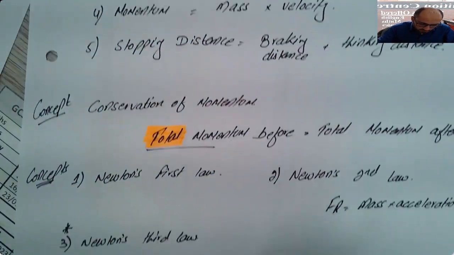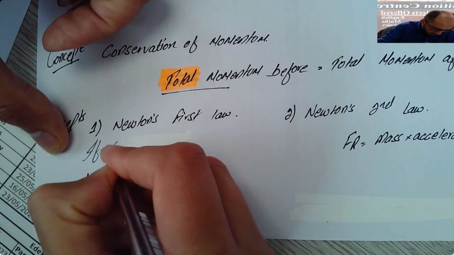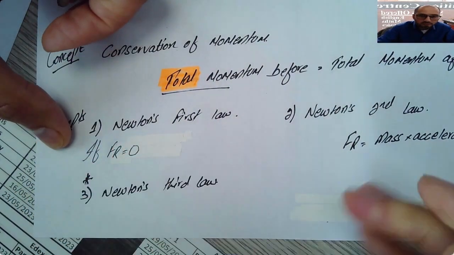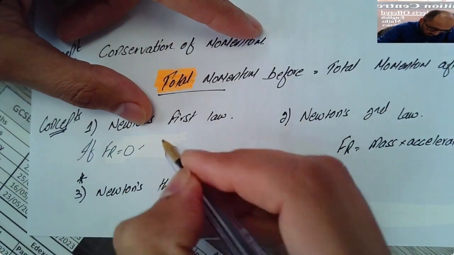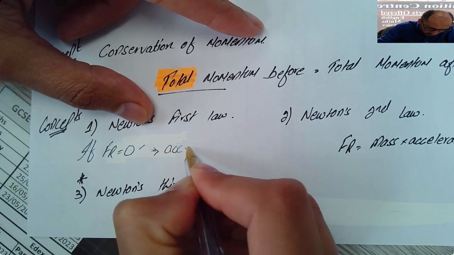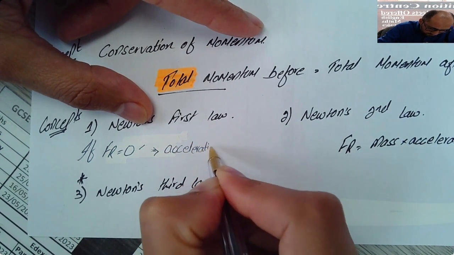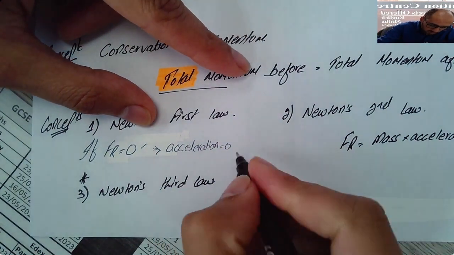When it comes to Newton's first law, it says Fr is equal to 0, where Fr is resultant force equals 0, right? This means your acceleration will be 0. Now when acceleration is 0, there are two outcomes.